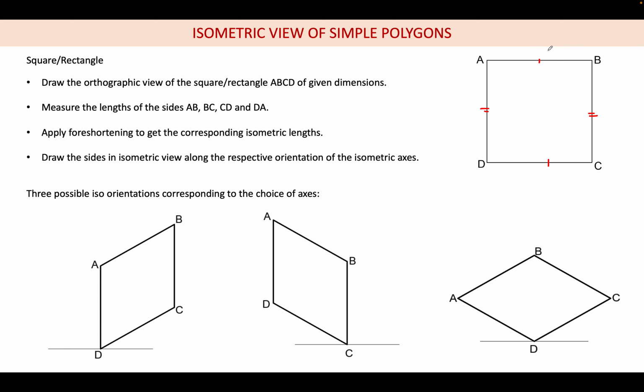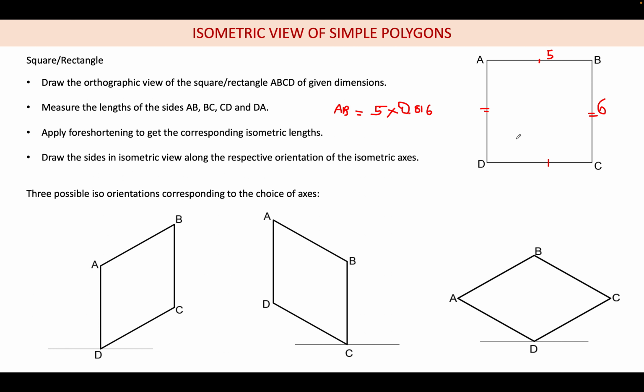So if this is say 5 units and this is say 6 units, in the isometric, what AB length will be 5 into, so can anybody say what is that factor? So we just derived it. It is nothing but 0.816.